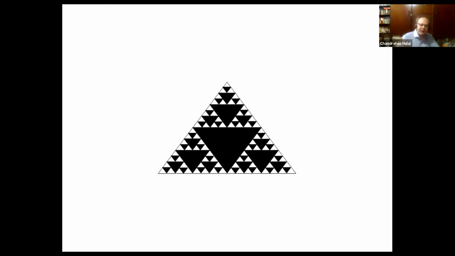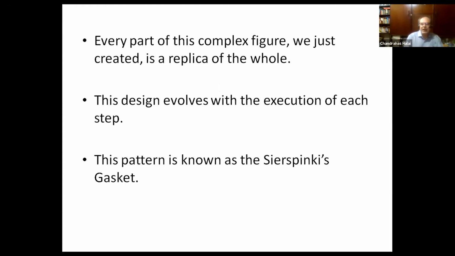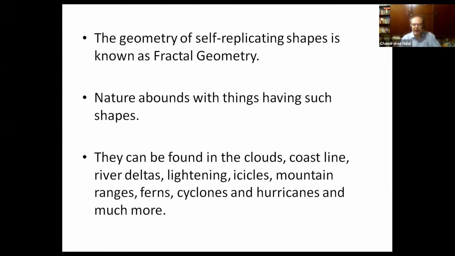And you can see with every step, the complexity of the shape increases. It evolves with execution of every step. Now, geometry of self-replicating shapes is known as fractal geometry. Now, if you are a nature lover and you go around seeing flora and fauna, or natural geological formations, nature is full of such shapes.